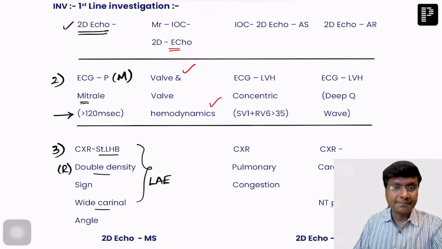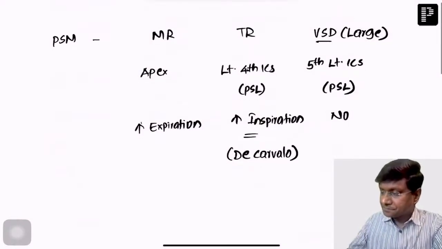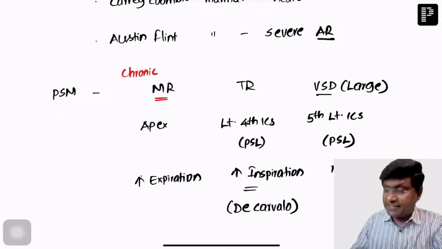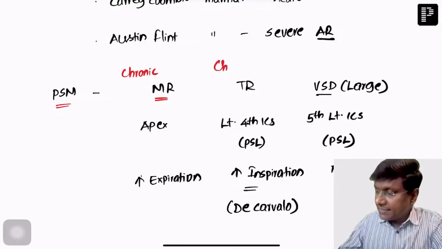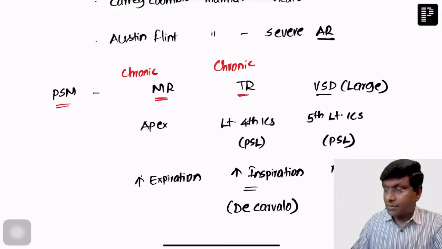Now, one point I wanted to add here is, in case of chronic MR, it is a pansystolic murmur. And even in case of chronic TR, it is a pansystolic murmur.